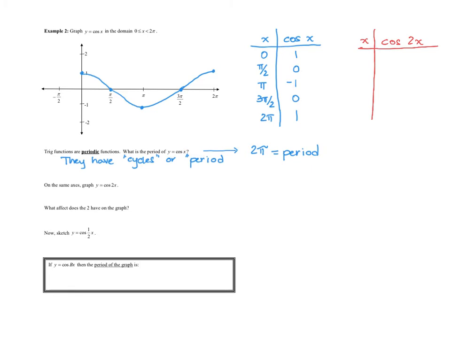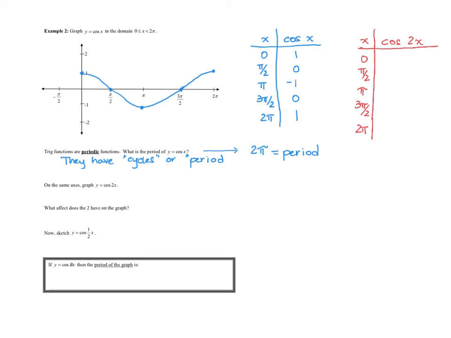Again, let me start with my critical values, 0, pi over 2, pi, 3 pi over 2, and 2 pi. Now what I'm going to do is multiply what I'm plugging in. So I'm going to multiply 2 times 0 and then take the cosine.